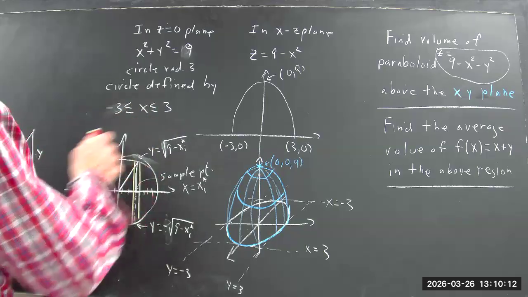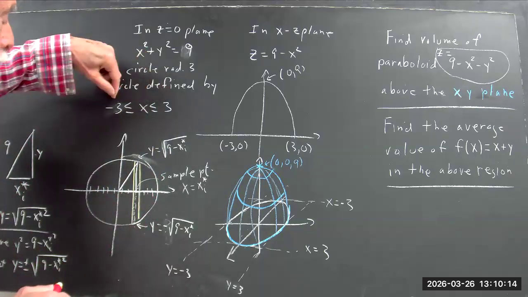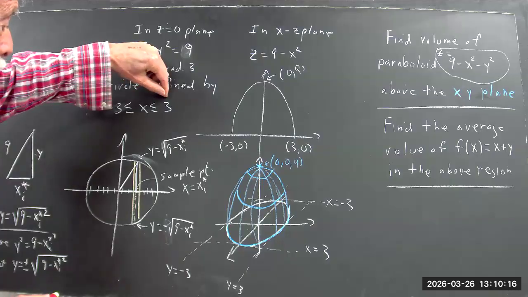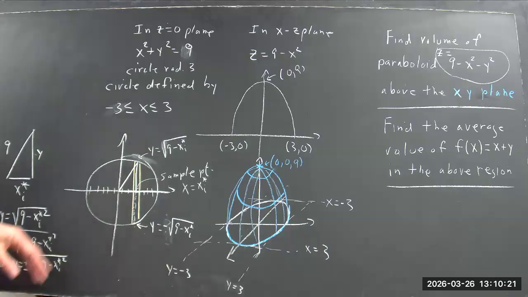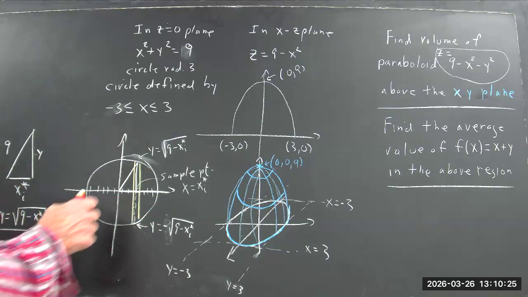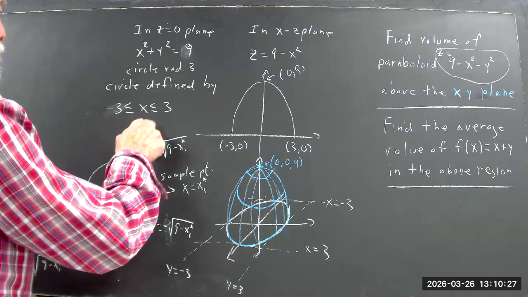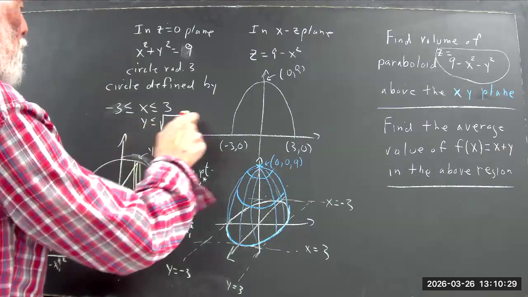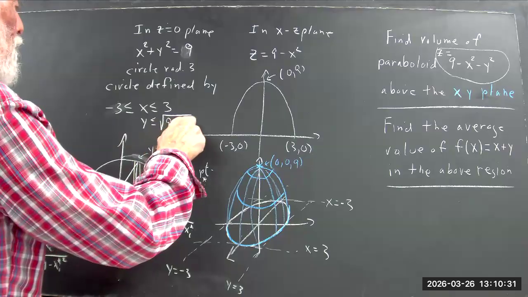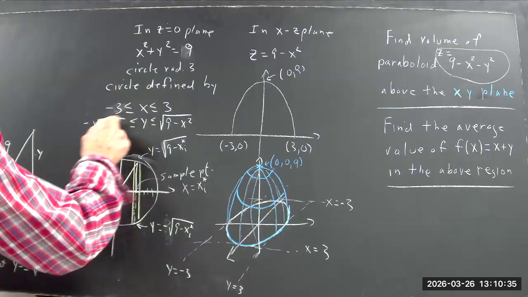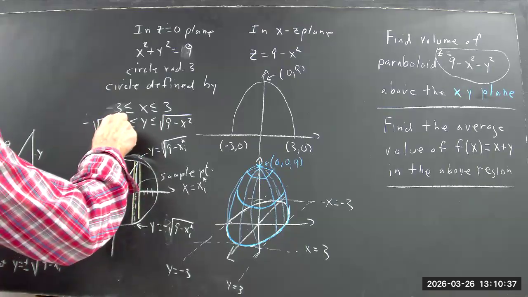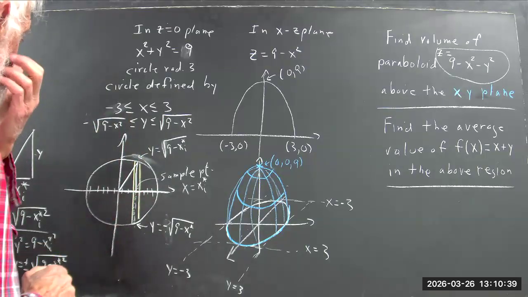Given the value of x, because we've already said x is every value between -3 and 3, that'll span the entire circle, right? But if you're given x, y is between the square root of 9 minus x squared at the top and negative square root of 9 minus x squared at the bottom.